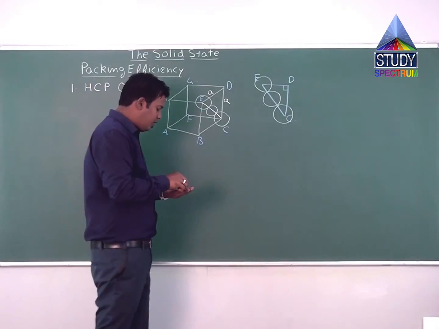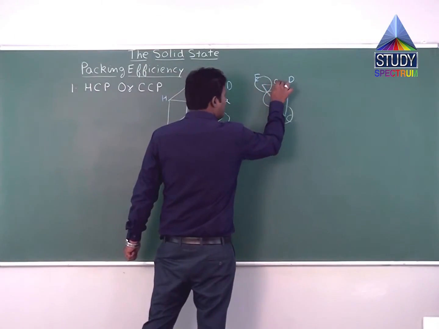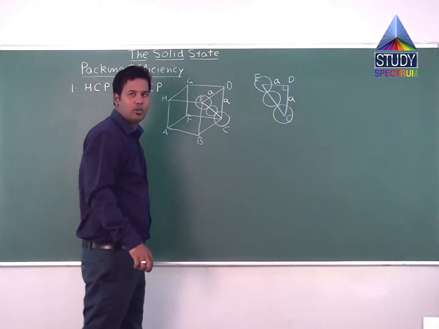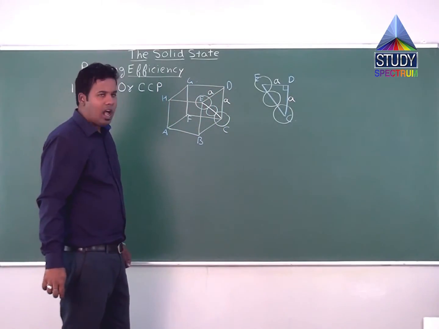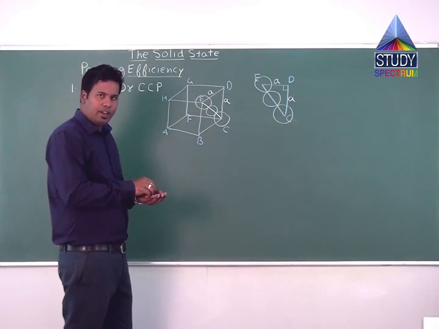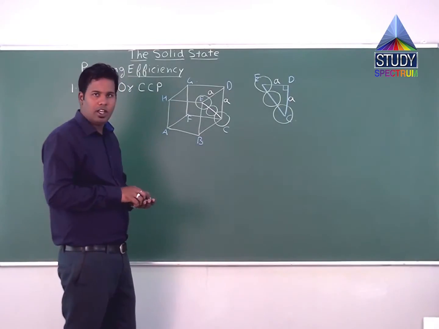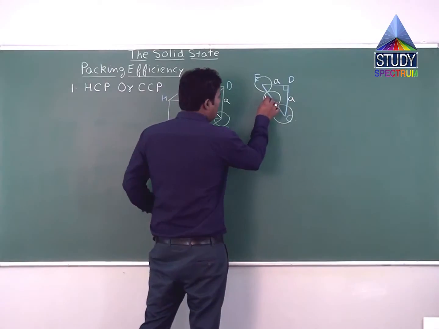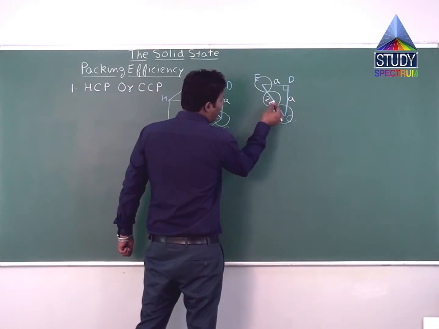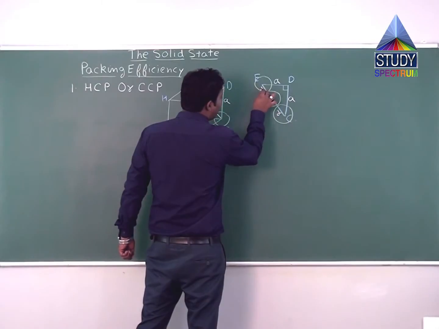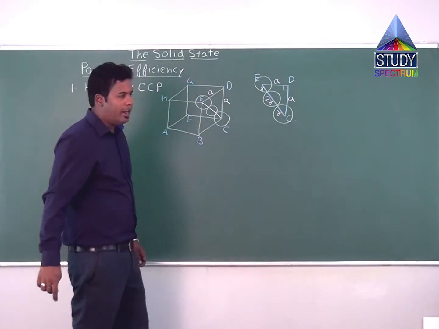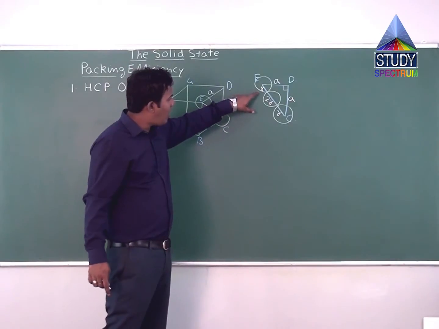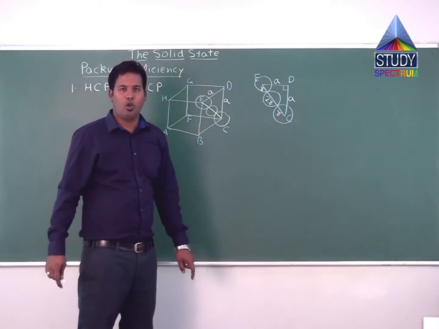Now if the edge lengths are represented by small a, which means ED is also small a and DC is also small a, and the radius of each identical sphere is small r, then this length is 2r, this length is r, and this length is r. It means the diagonal length EC is nothing but r plus 2r plus r, that is 4r.